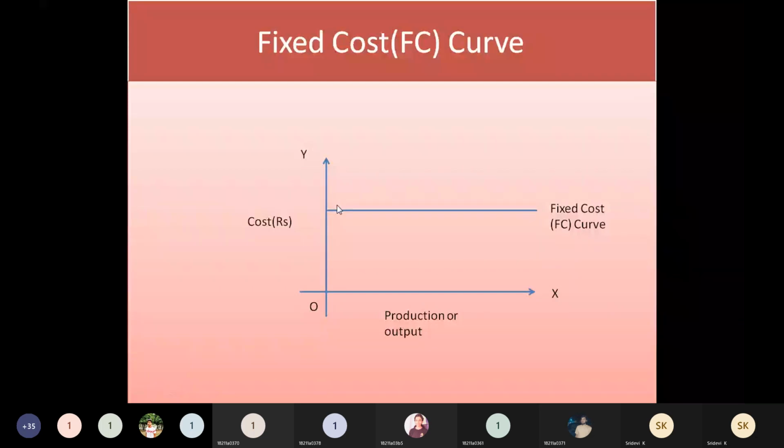So even if production goes on increasing to an unlimited extent during the short period, the fixed cost will be the same. So this is how you show the fixed cost.